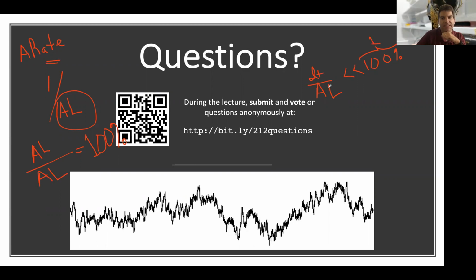And if that's the case, that your DT divided by AL is far less than 1, or your DT is far less than the average lifetime, then it turns out that the probability of seeing an event that happens on average every average lifetime will be equal to just the fraction of the 100% time interval that the interval you're looking at is.